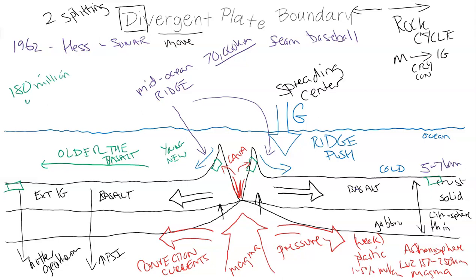But, okay, if we compare it, so this is like the Pacific. On the western side of the Pacific, near the Asian continent, the ocean crust basalt is around 108 million years old.